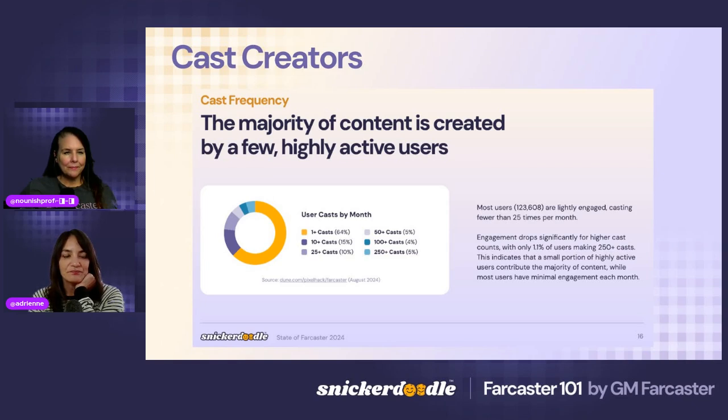This follows the 1% rule, or the 99-1 rule of other social networks, which says typically 1% of a social network is making most of the content. About 90% of people are lurking, 9% lightly engage, maybe reply or like a cast, but it's a very small percent who actively create the bulk of the content. Farcaster is no different.